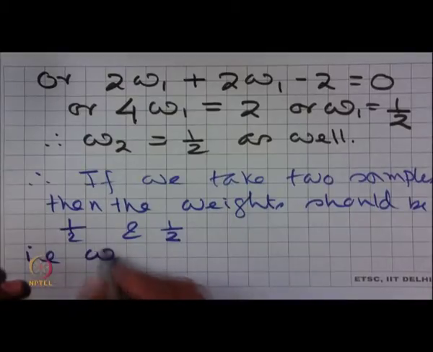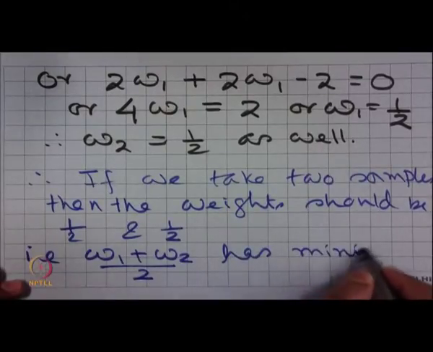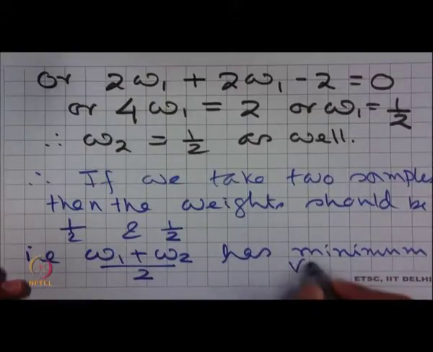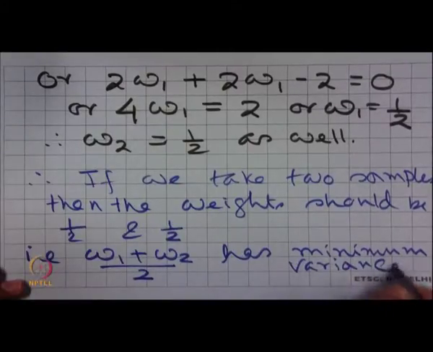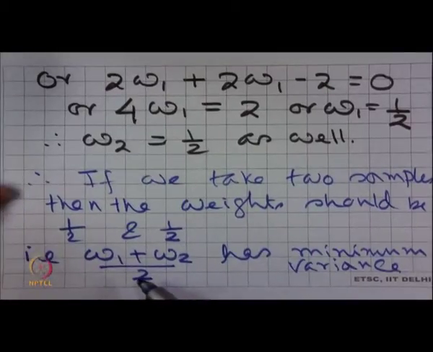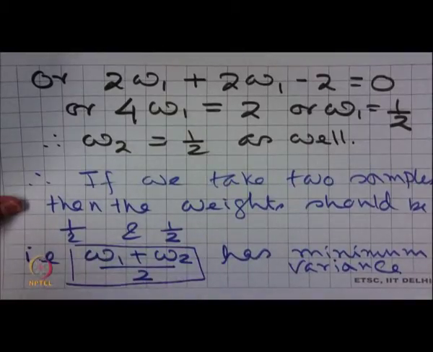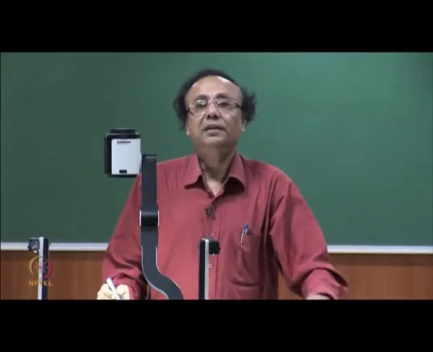That is, W1 plus W2 by 2 has minimum variance. And what is going to be that variance? We know that that variance is going to be sigma square by 2. Or in other words, if I take 2 samples, then arithmetic mean of the sample values is going to be the minimum variance unbiased estimator for mu.